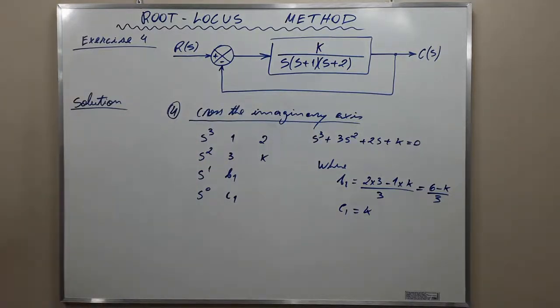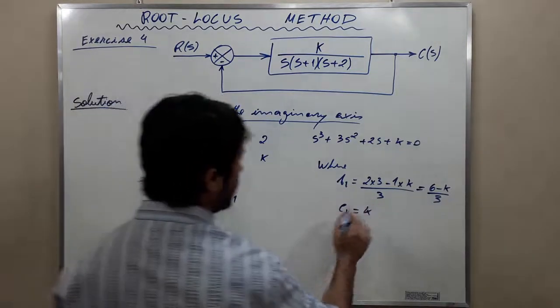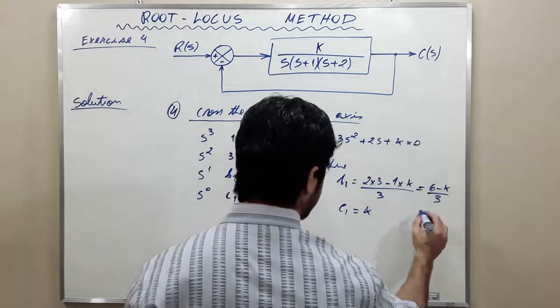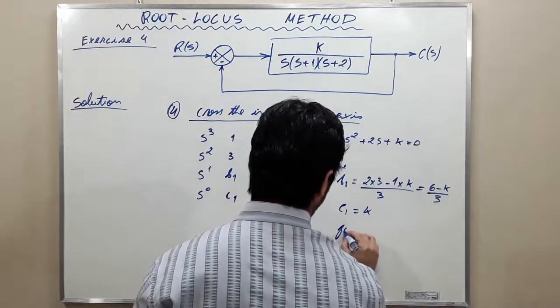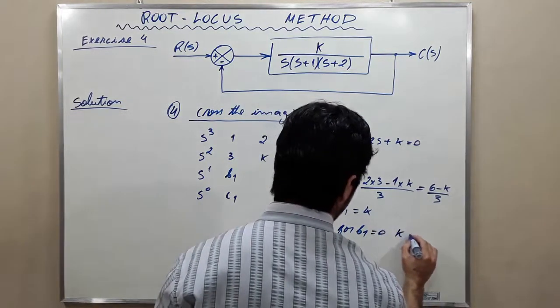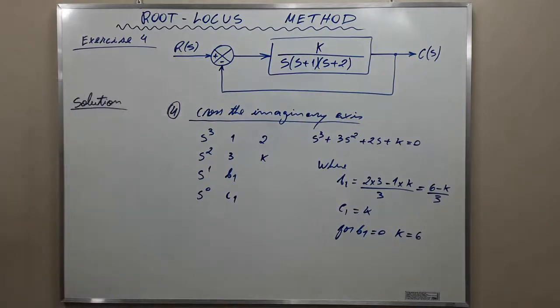And for the s^1 term to be 0, for B1 to be 0, K has to be equal to 6. Alright?